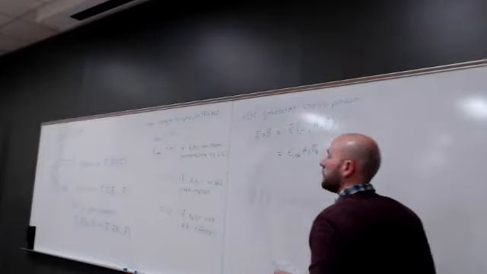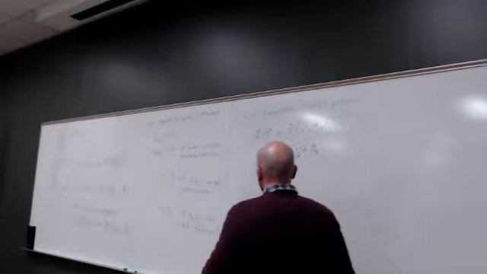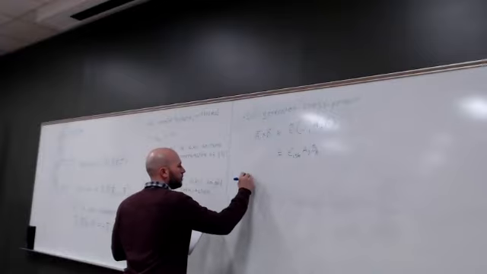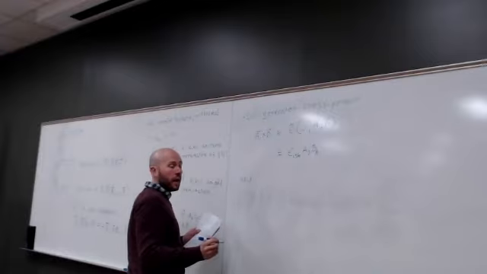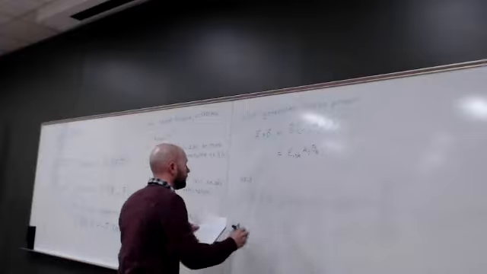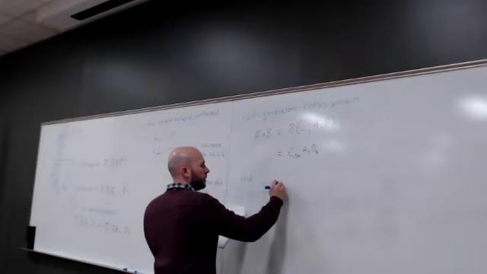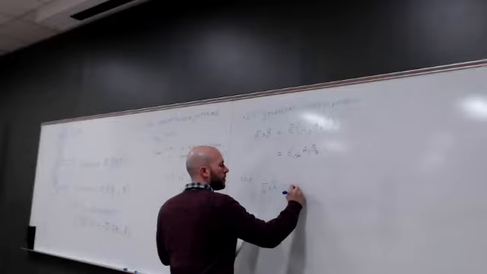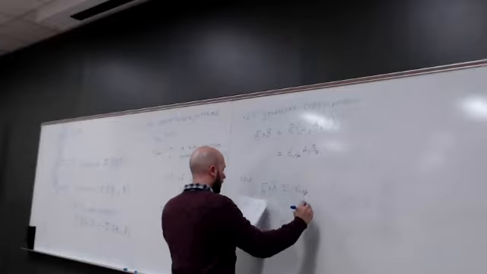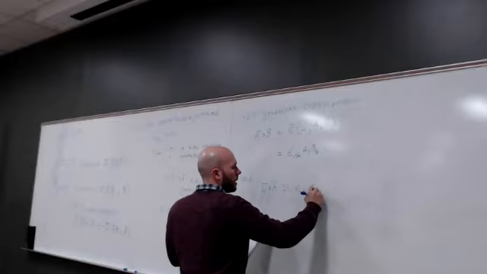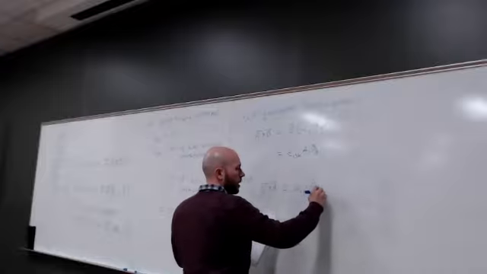In slot naming. Similarly, the curl of some vector A is defined to be epsilon i j k A k semicolon j.